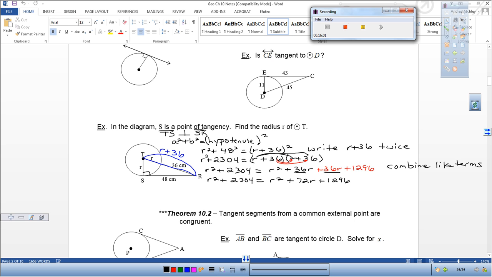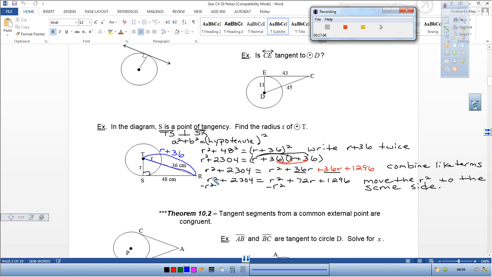Okay. So now we want to move the R squared to the same side. So I want to move this to this side. So I subtract the R squared minus the R squared.